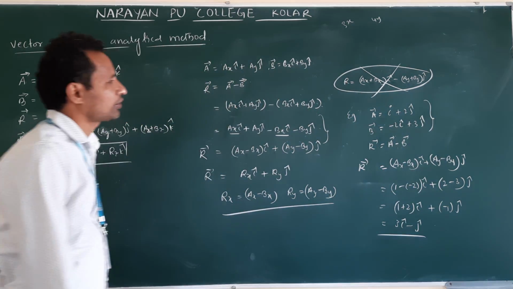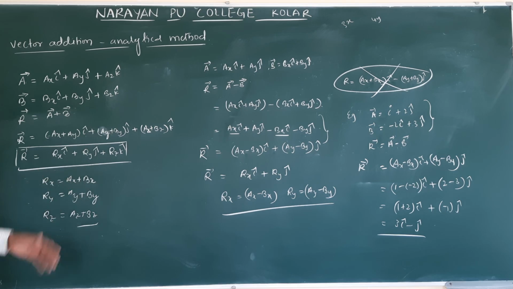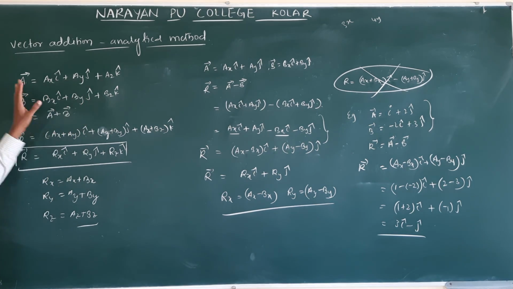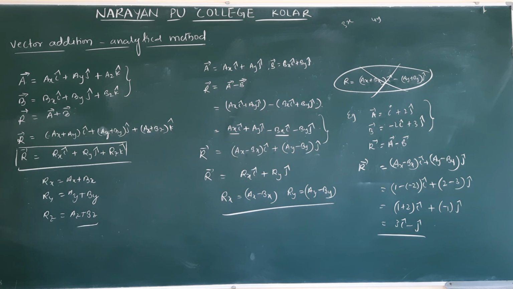This method is called analytical method. If you take a 3-dimensional vector, what do you get in 3 dimensions? If you take these two vectors, A minus B, follow the same method. Then I am writing here for the 3-dimensional vector. What do you get? Minus.